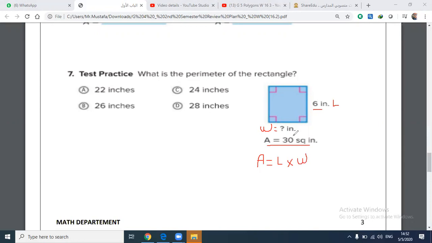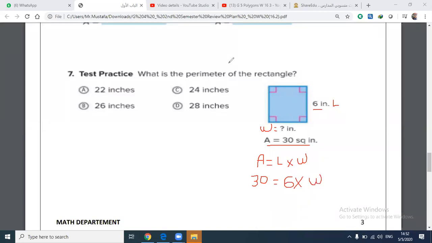Area is given by 30, equals the length, which is given by 6, and the width I don't know, so write width.